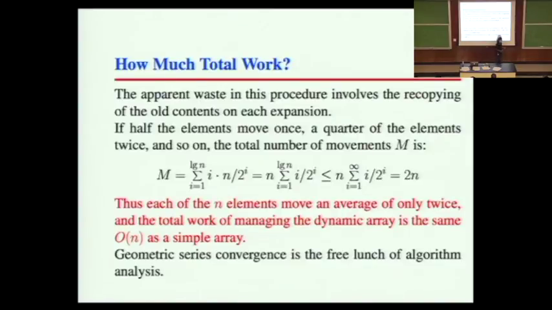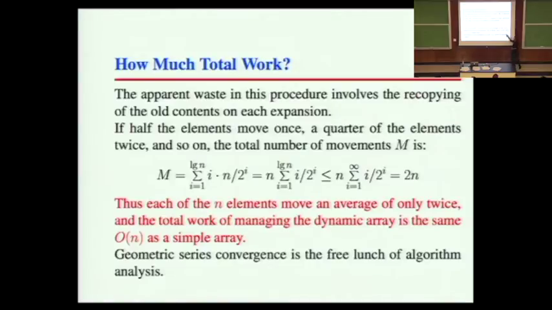If we had a regular array, how much work would we do if we insert n things? Well, we touched n things, and each was an order 1 operation if I had n spaces to start with. Each time I insert an element, I'm just putting it in the slot, so I'm doing constant work, and I'm inserting n things, so I'm only doing n work if I had a regular array allocated with n slots.